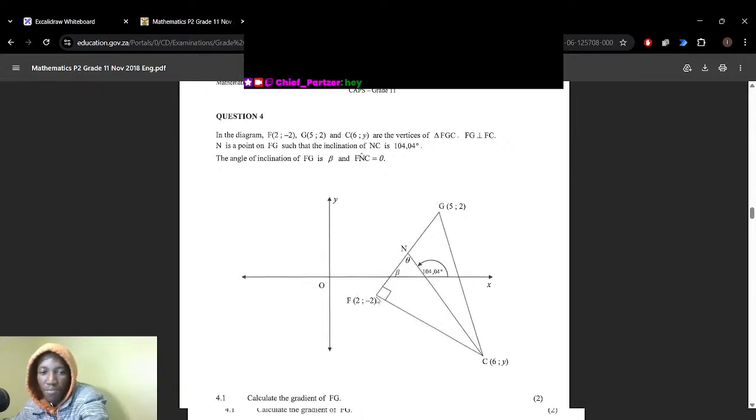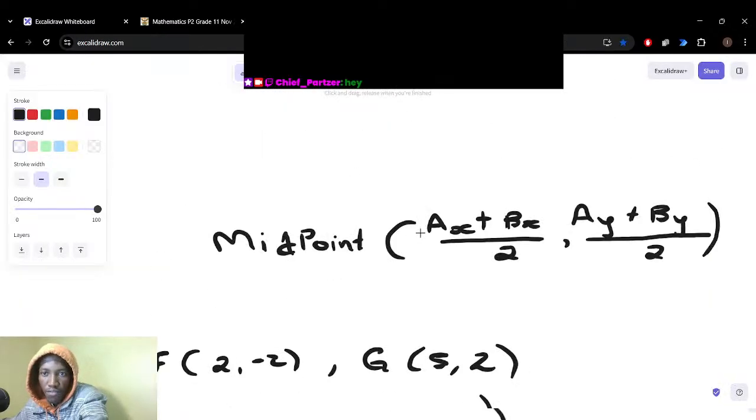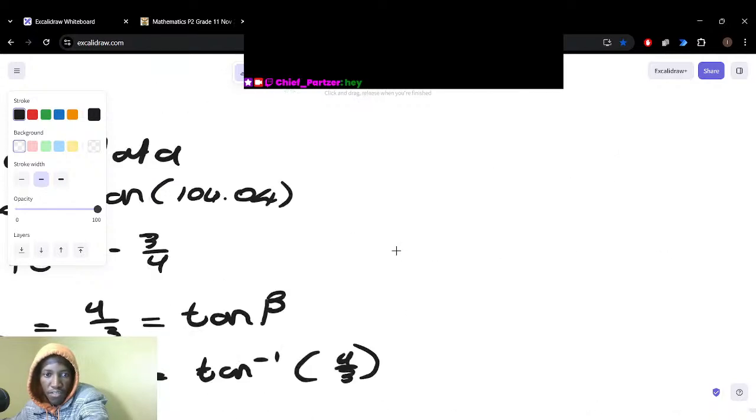I could have simply used the gradient of this line, which I could have calculated because we know that FC is perpendicular to the line. So I've also written it down up somewhere.